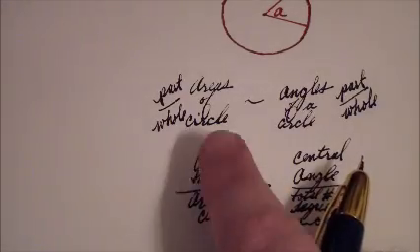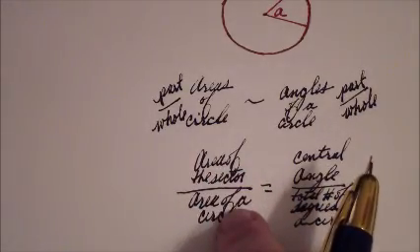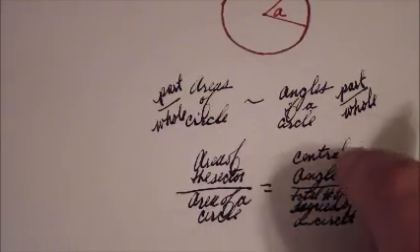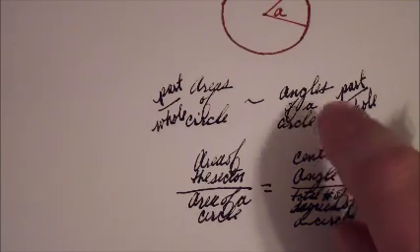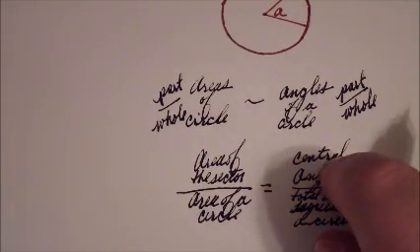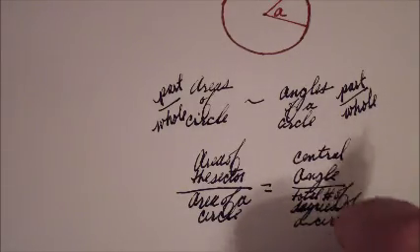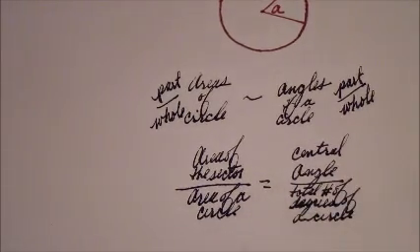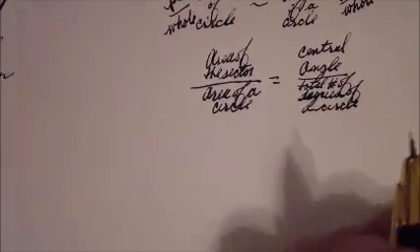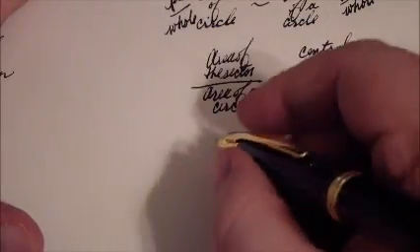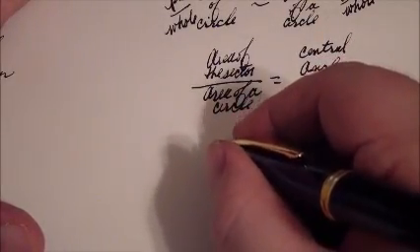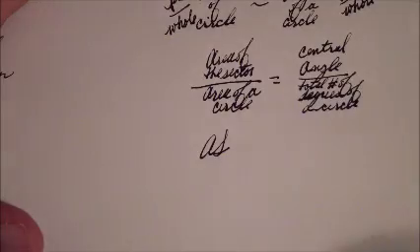So, area of a sector, that's that part. The entire area of the circle, whole. The angle of the central angle, so the number of degrees of our central angle, divided by the total number of degrees of a circle. Well, we should know this. Area of a sector, we could just call that AS. Okay?